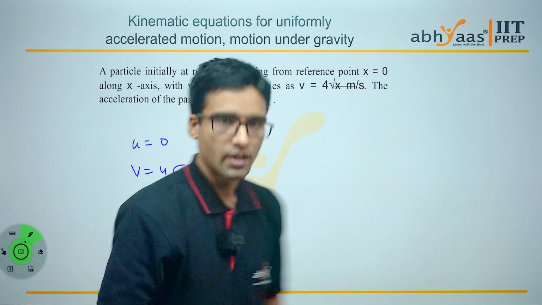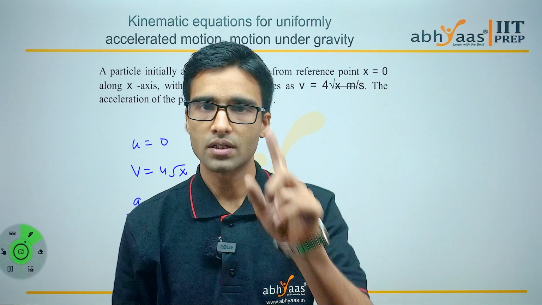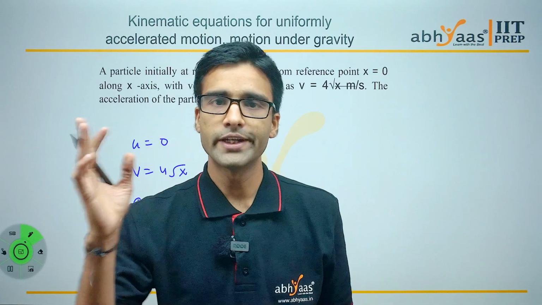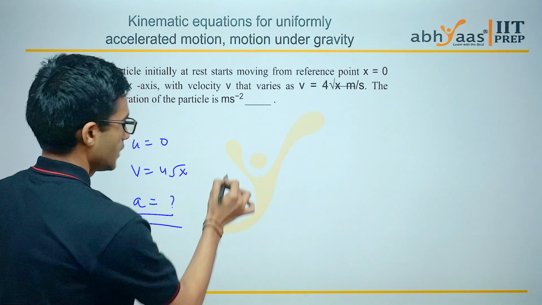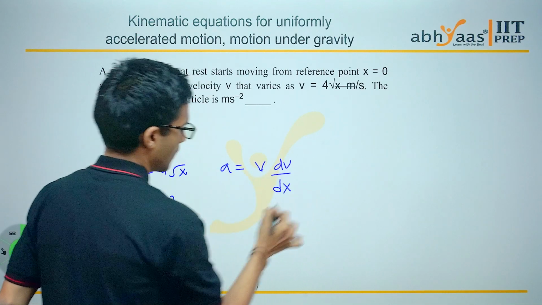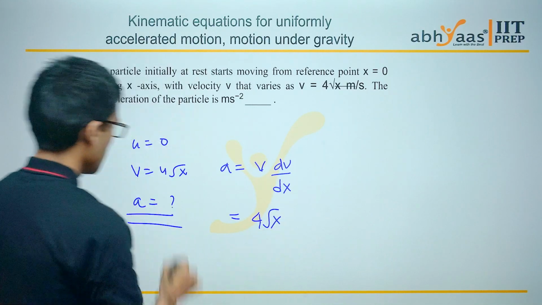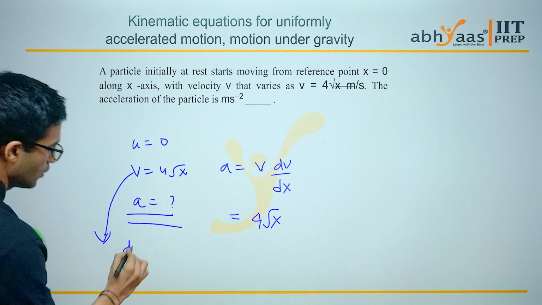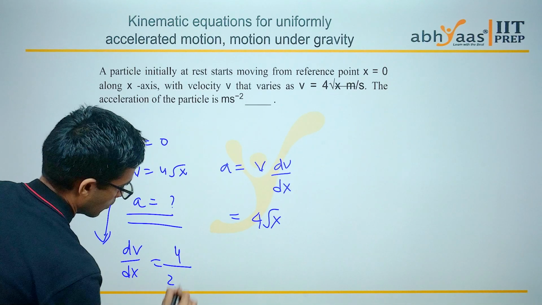Generally, if you want acceleration, there are many formulas, but here velocity in terms of x is given. Acceleration also we want: a is equal to v dv by dx. Do you remember this formula? Okay, v is 4 root x. But here dv by dx, if you do, dv by dx is equal to 4 by 2 root x.